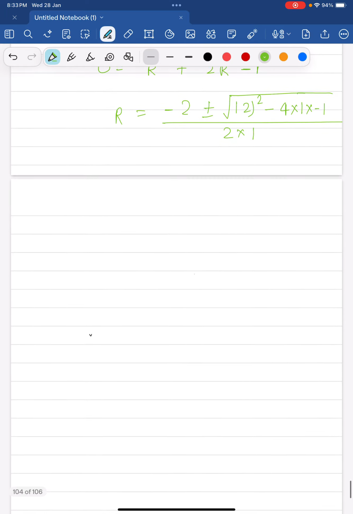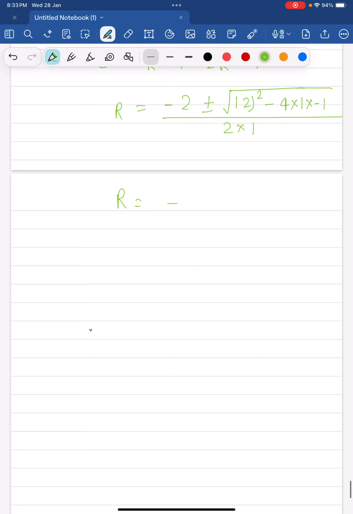So value of R will be equal to minus 2 plus root of 4 plus 4, divided by 2. Minus sign will not be taken because resistance of any resistor cannot be negative. So R will be equal to minus 2 plus root 8 divided by 2. It means 2 root 2.